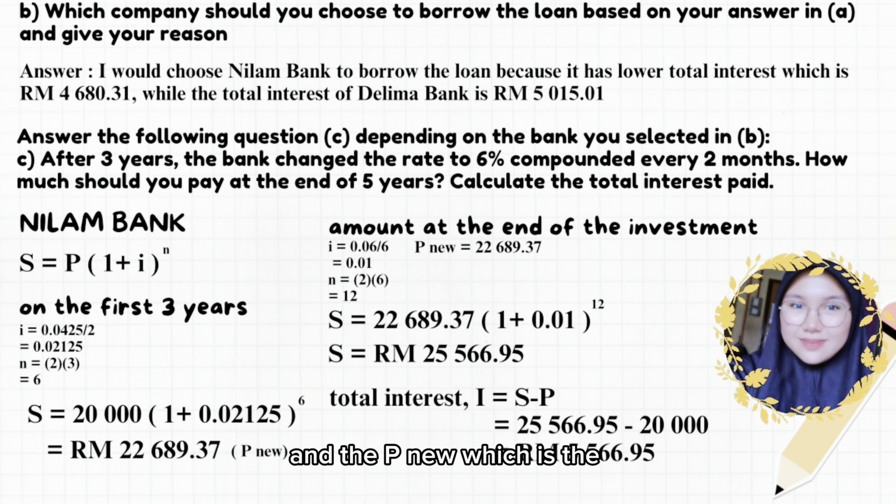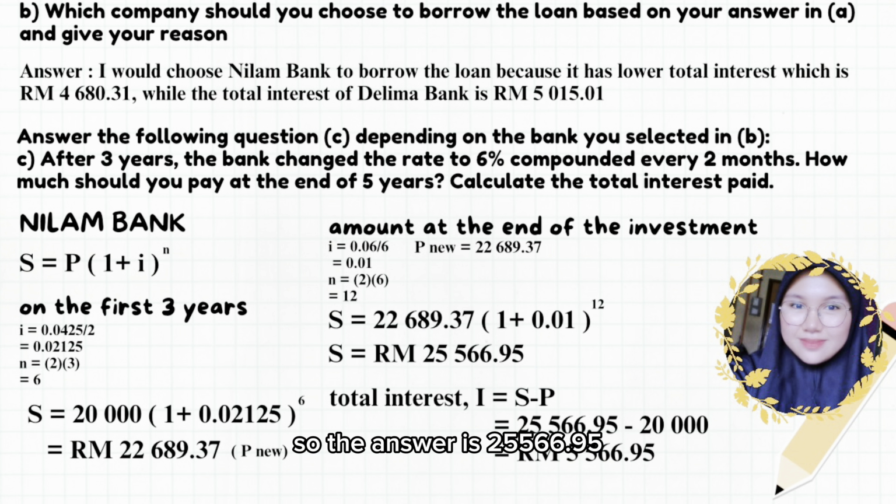And the new P is 22,689.37. So if we substitute into the formula, S equals 22,689.37 times bracket 1 plus 0.01 power 12. So the answer is 25,566.95.